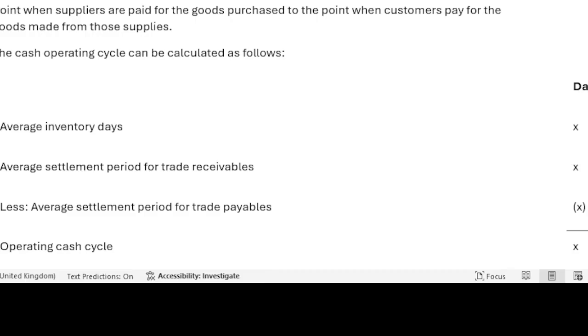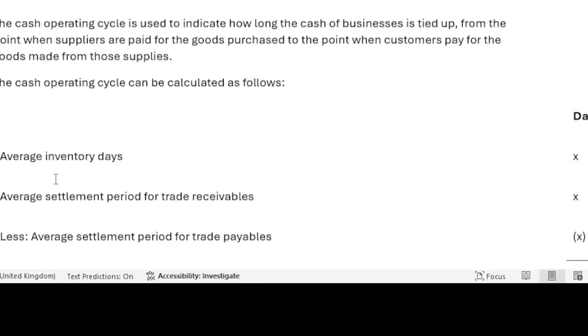For example, if we made an order for buying inventory today on 1st of March, and we sell and collect the money from the customer on 30th of March, it means our cycle is 30 days. So it's how much time we take from the point when we pay for the goods up to the point when we receive payment for those goods from the customer. That's what we call the cash operating cycle: the length of time between investing in that inventory and liquidating that inventory.